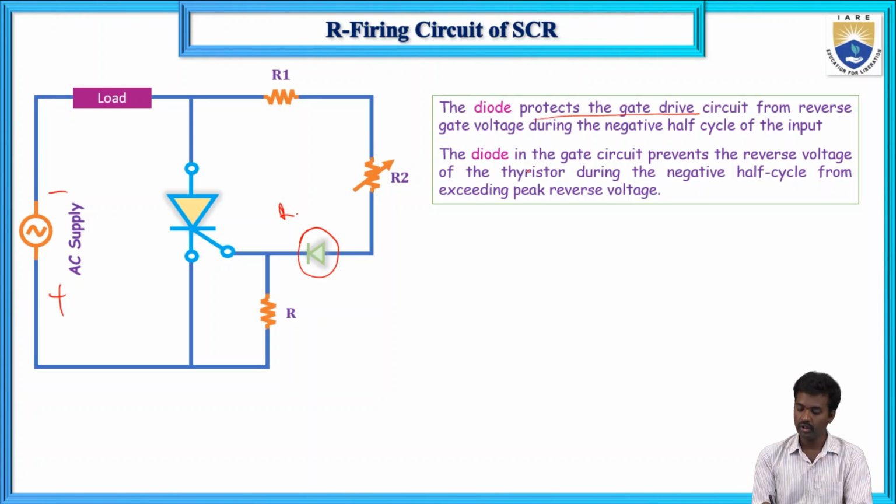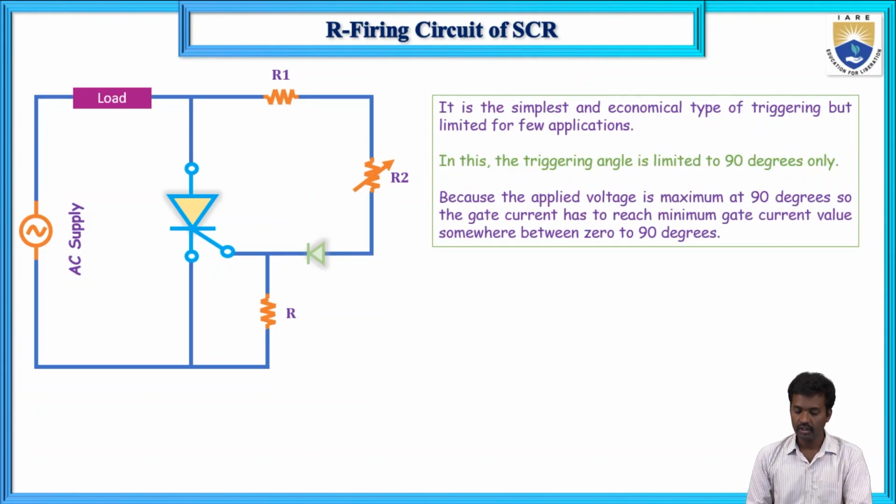This diode in the gate circuit prevents the reverse voltage of the thyristor during the negative half cycle from exceeding the peak reverse voltage.